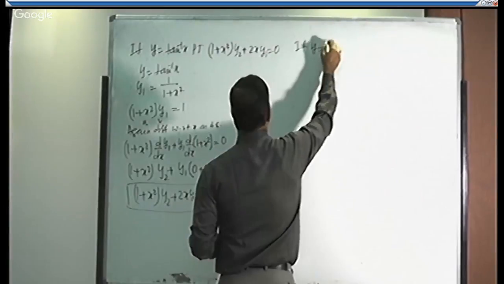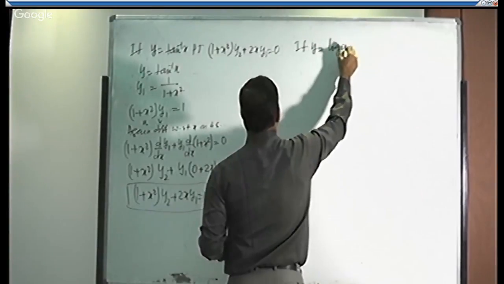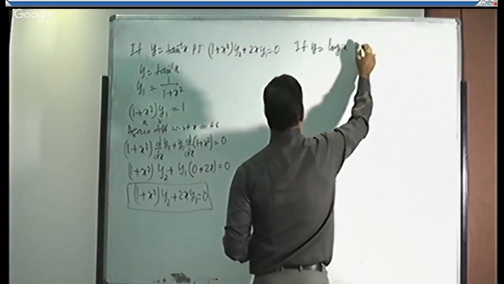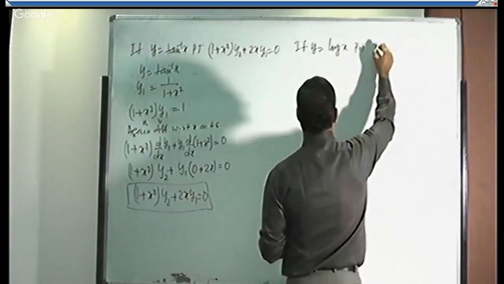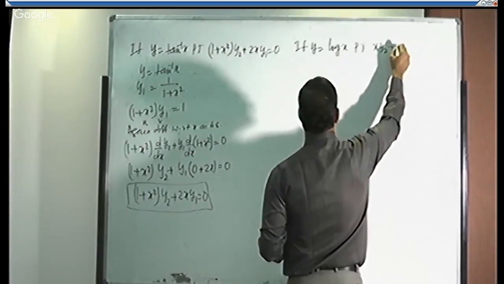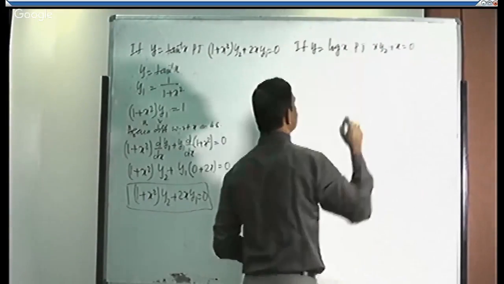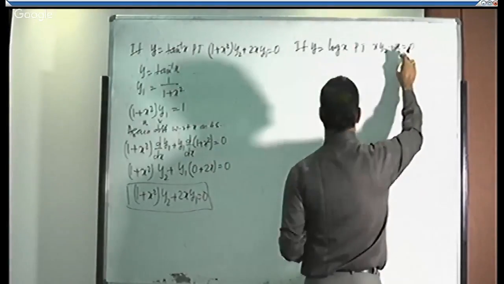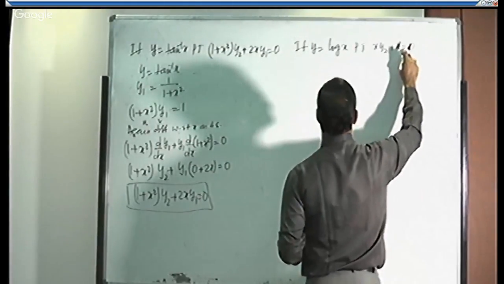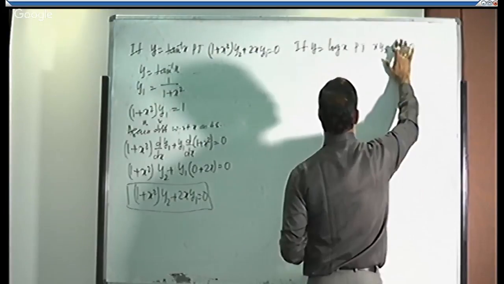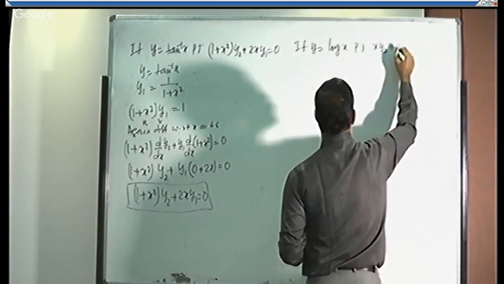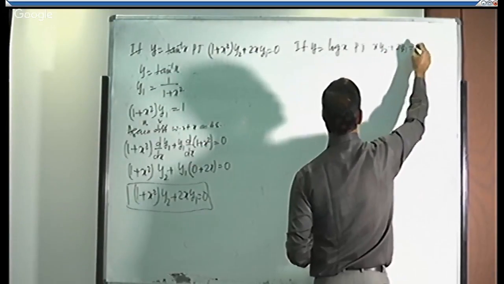If y is equal to log x, prove that x y2 plus y1 is equal to 0.